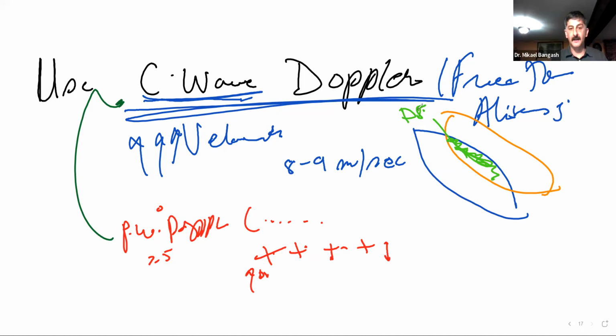Mainly it depends upon the difference between the transmitted frequency, which is continuous, and the reflected frequency. The difference between these two will be determined in this area of overlap.